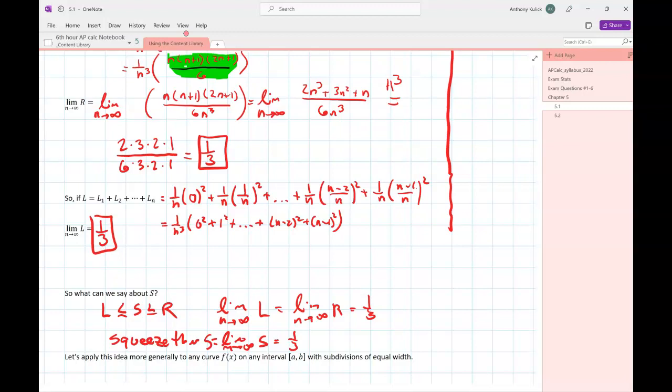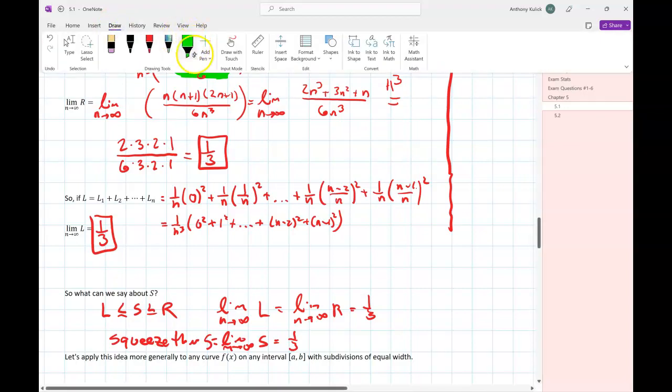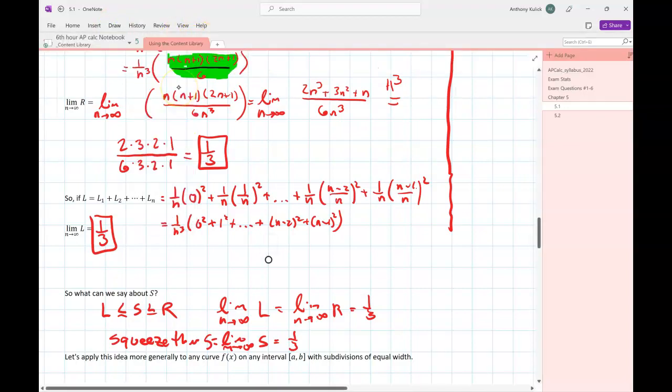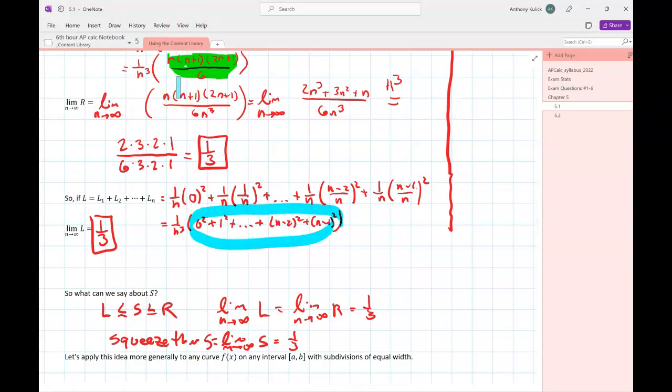We did this example, which was relatively simple, to get a feel for what's going on and how this is going to work. Now we want to generalize it so that we can use it in any situation. What's going to be the catch when we generalize this? We may not have a summation rule that we know offhand, right?